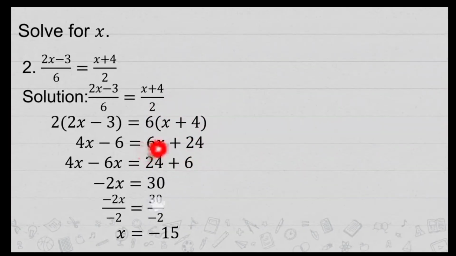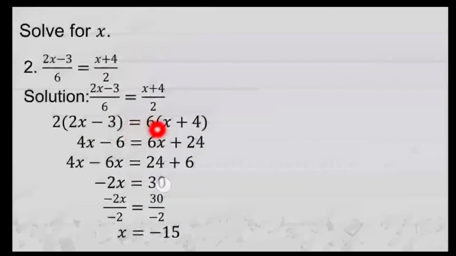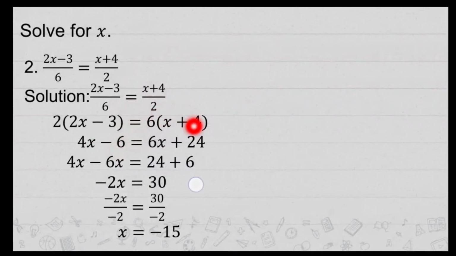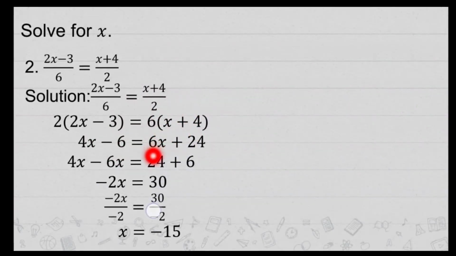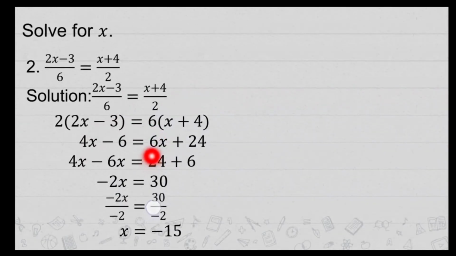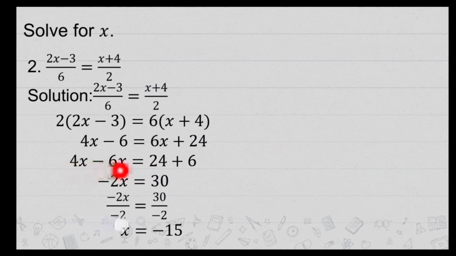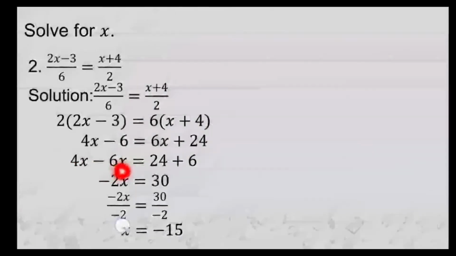In this case, let's put this term on the other side, okay, to combine like terms, and this constant to the other side. So if we put this 6x to the left side, its sign will be changed. From positive, it will become negative. That's why here we have 4x minus 6x, okay, negative 6x.